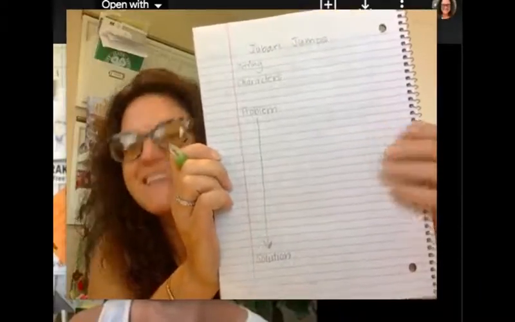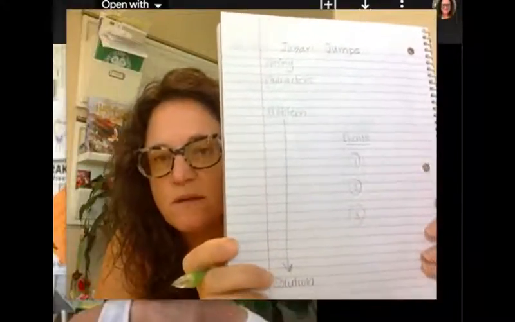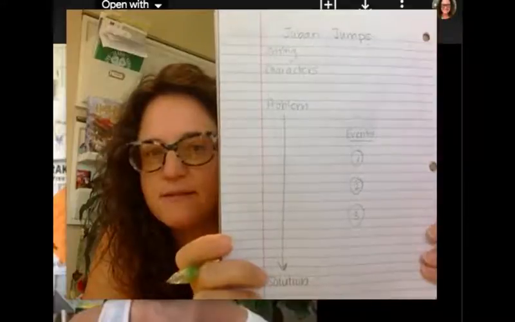Events. Yep. 1, 2, and 3. Exactly. Events. And we're going to number them 1, 2, and 3 because we don't want 10 events. We just want the beginning, the middle, and the end.